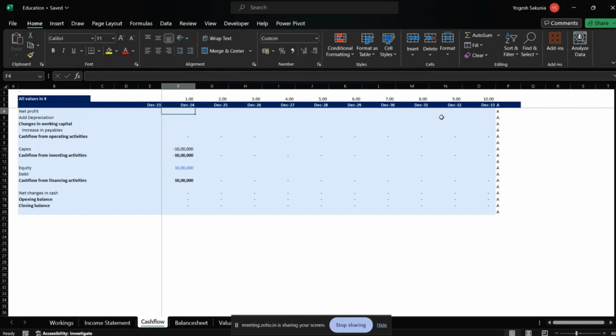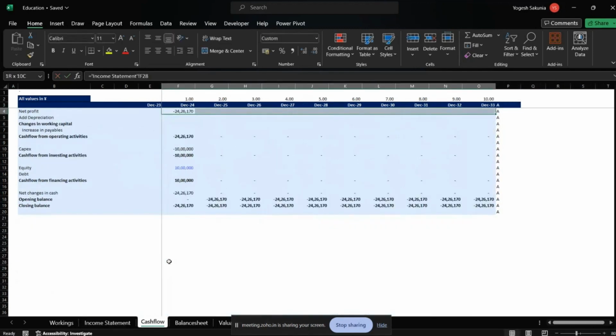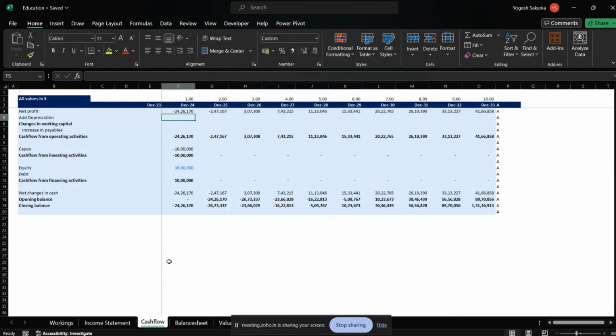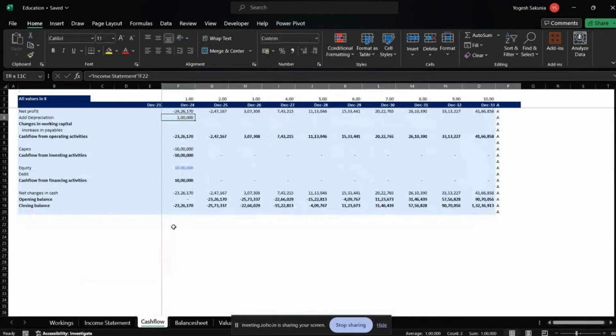We've got the profits, and we have to add the depreciation. So profit for the year from the income statement, then add depreciation.